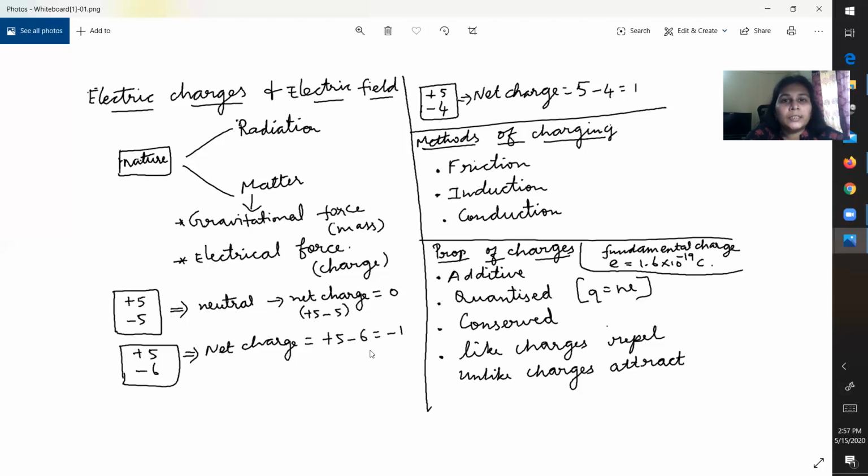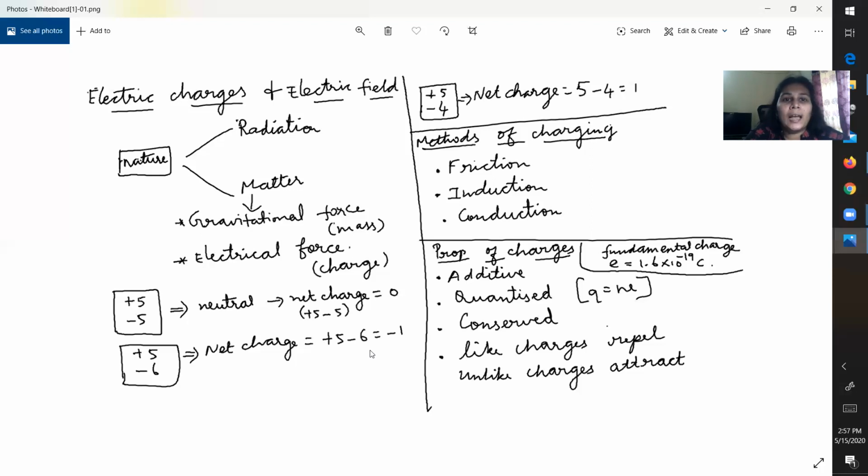So always we say total charge Q is equal to N into E, where N is an integer and E is the charge of an electron, which is 1.6 into 10 power minus 19 coulomb. So always remember, if the number of electrons is given, charge can be calculated using the formula Q is equal to NE.